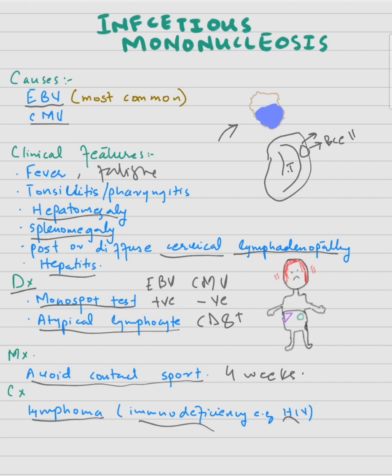If the patient becomes immunosuppressed later in life, it can be reactivated because it is latent in the B cells. And by the way, do you know which CD marker EBV uses to enter and infect the B cells? It is CD21. So these are the receptors that EBV uses to enter the B cells.